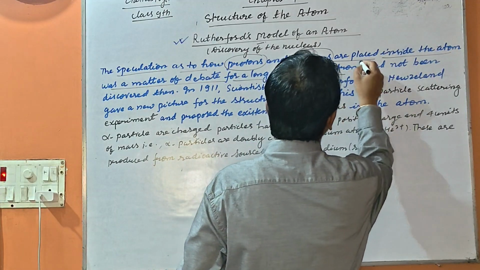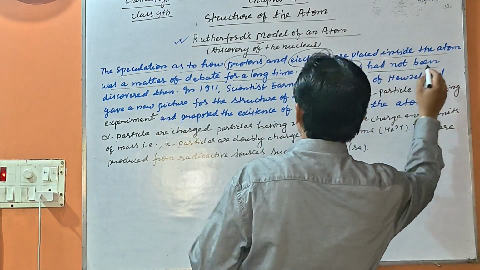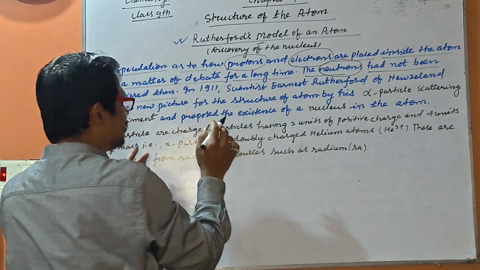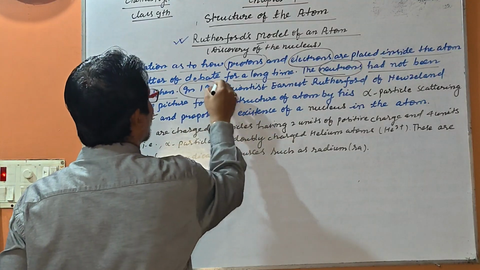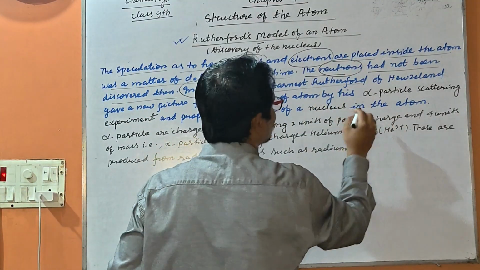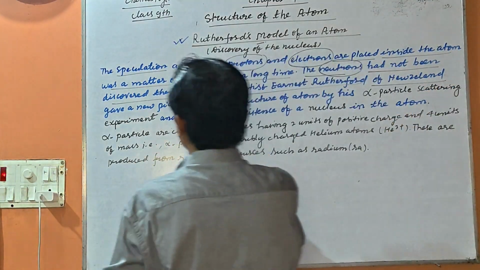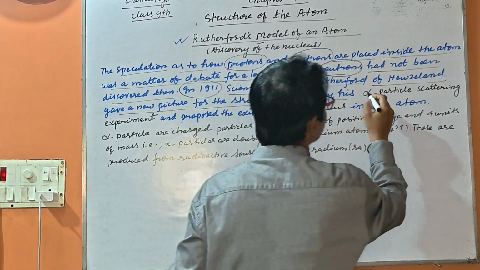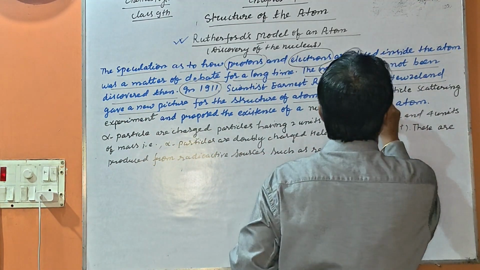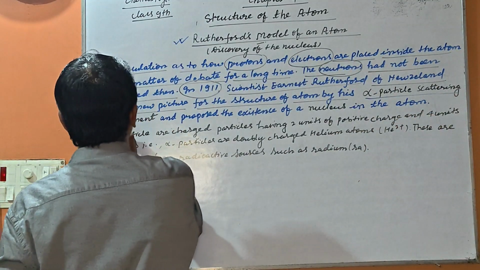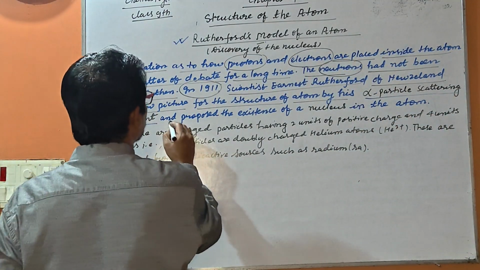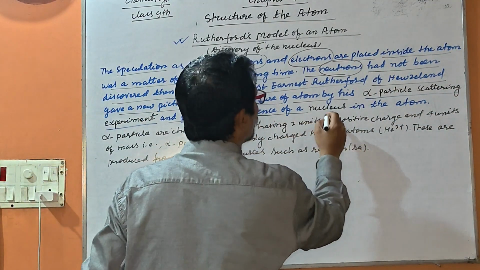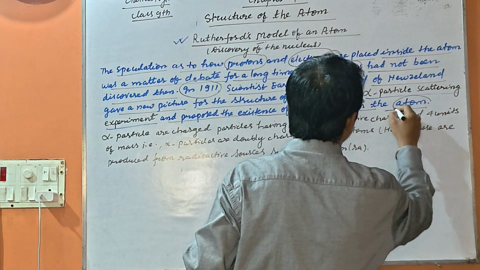The neutrons had not been discovered then. In 1911, scientist Ernest Rutherford of New Zealand gave a new picture of the structure of the atom by his alpha particle scattering experiment and proposed the existence of a nucleus in the atom.